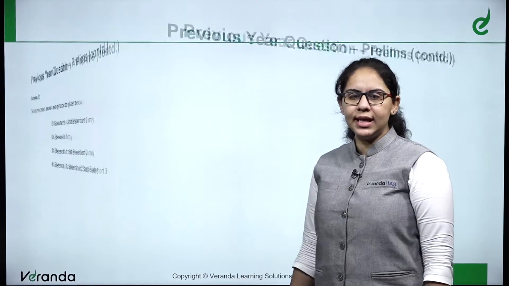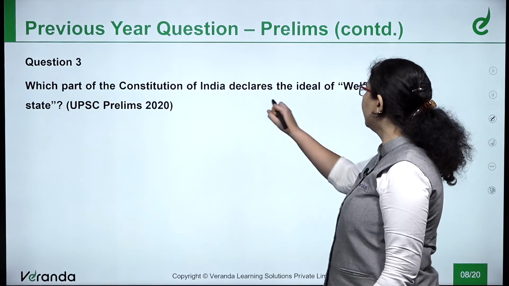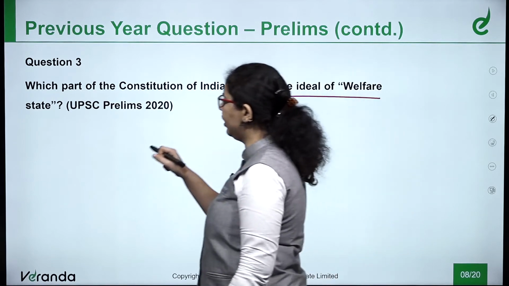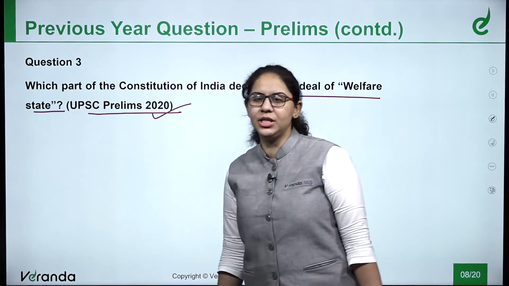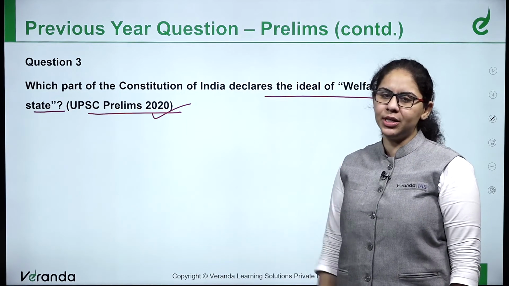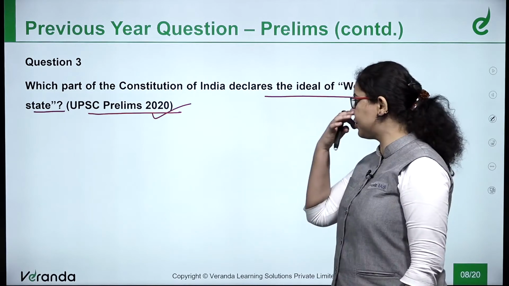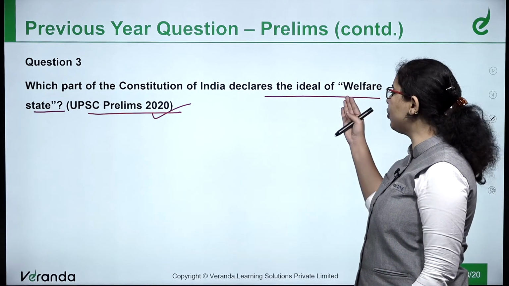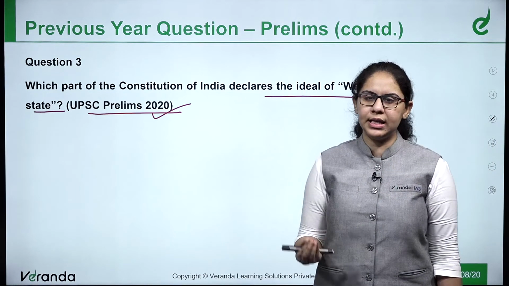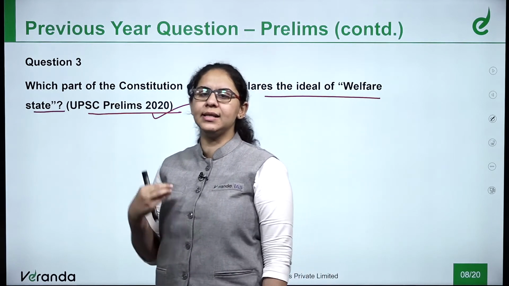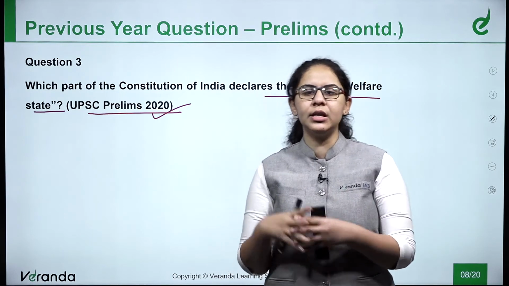We'll move ahead and see the next question: which part of the Constitution of India declares the ideal of a welfare state? This is UPSC Prelims 2020. Again in 2020, they asked a lot of questions from DPSPs, FDs and FRs. The ideal of a welfare state, the state which rules less and gives more to its citizens, thinks more of the welfare of its citizens.